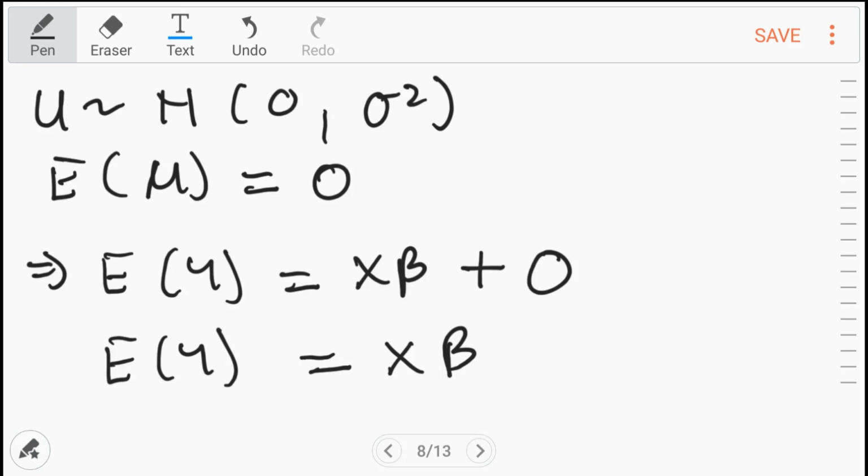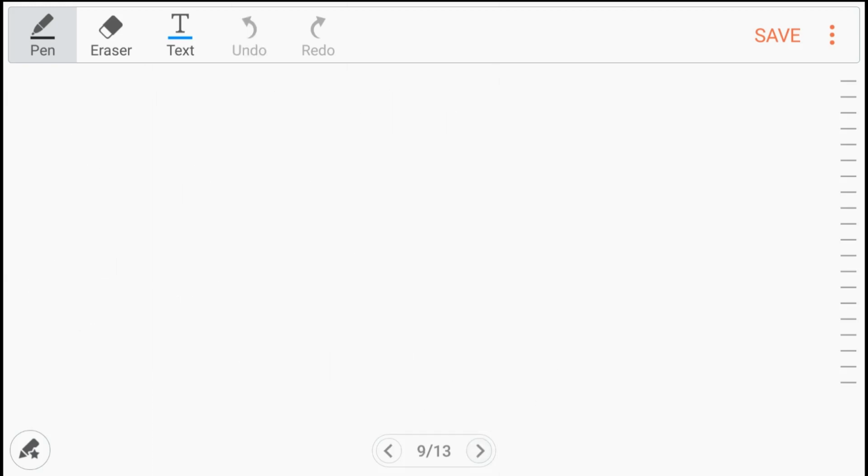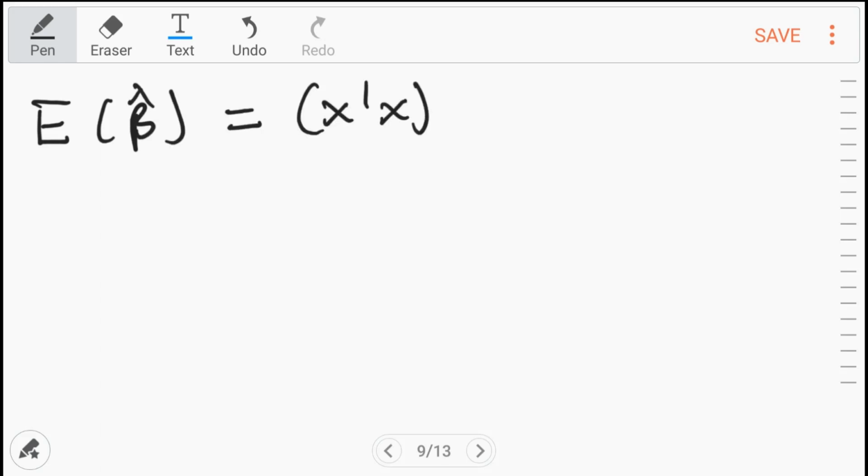So wherever we see expected value of y, we are going to substitute x beta. This means that now the expected value of beta cap is equal to x prime x inverse x prime times x beta. This is the expected value of y.